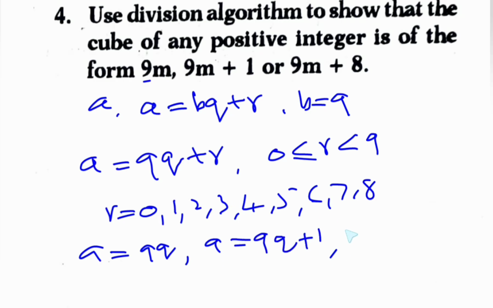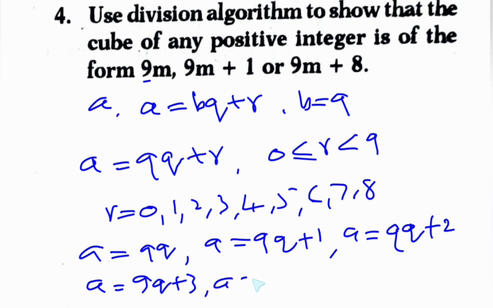If you substitute r equal to 2, a equal to 9q plus 2, and if you substitute 3, 9q plus 3, and a equal to 9q plus 4, and so on up to a equal to 9q plus 8. These are the integers we will get from the equation.